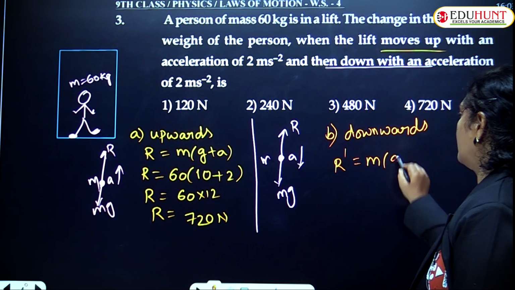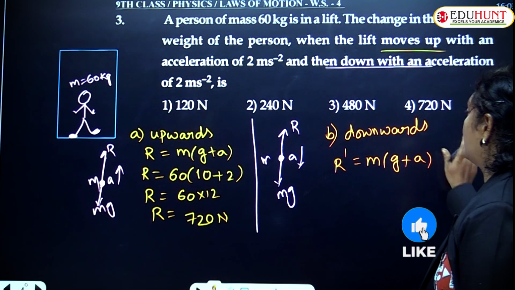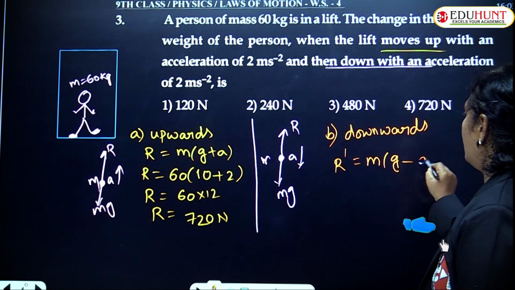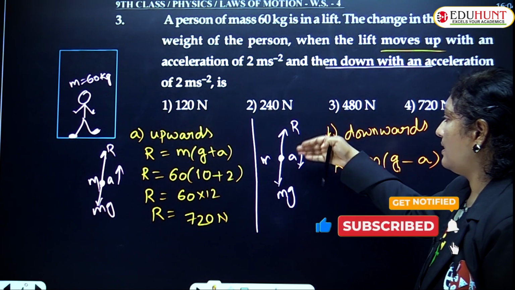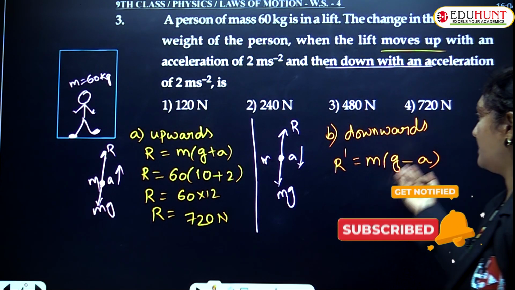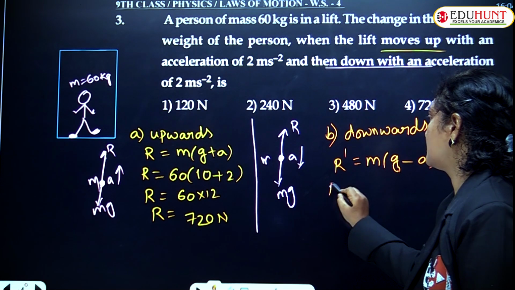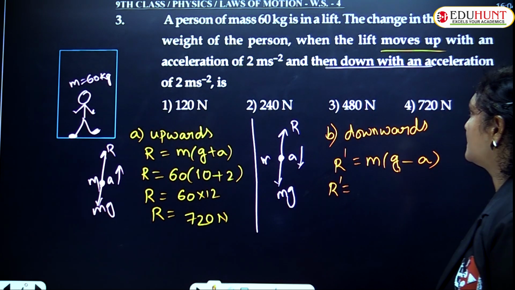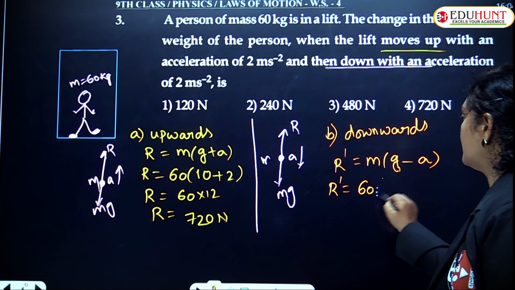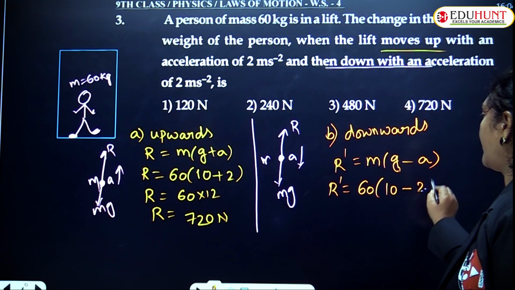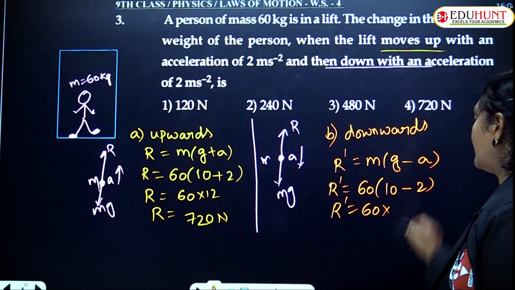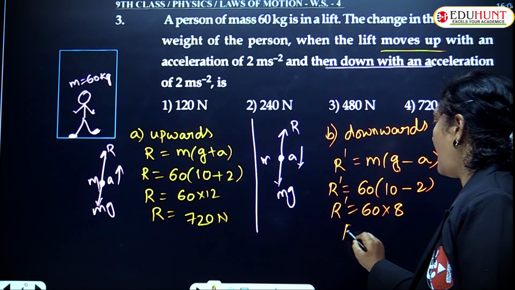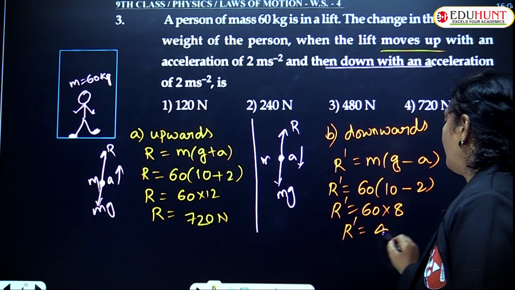M into g minus a, downwards, g minus a. That means the formula is mg minus R equals ma, so R equals m into g minus a. Mass is 60, g let me take as 10, and minus 2. So R dash equals 60 into 10 minus 2, which is 8.